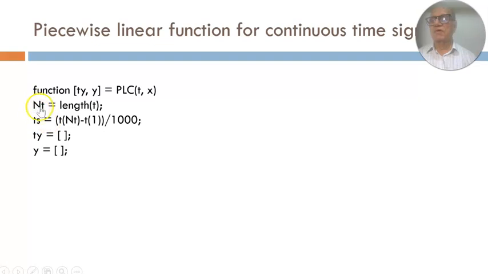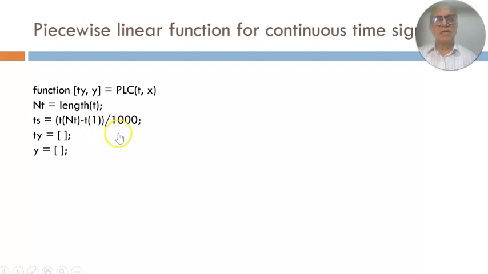Alright. So what do we do now? We first find the total number of points that are provided in the input. So nt is equal to length of t. So if total number of points in this are 7, then nt will have a value which is equal to 7. Okay. Then you calculate the sampling time. This is something which was not required for the case of a discrete function, because for discrete function your independent variable n is an integer and your increment is always unity.